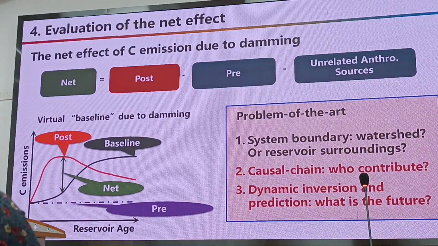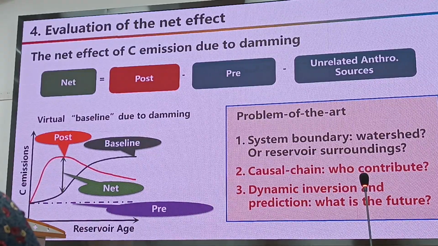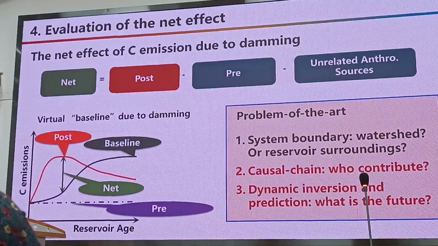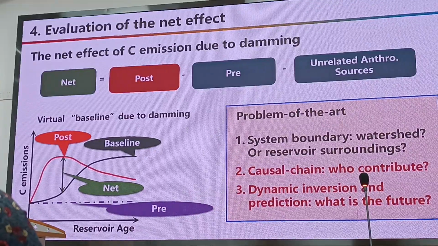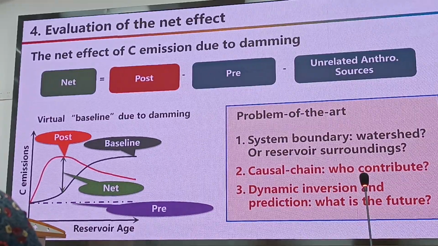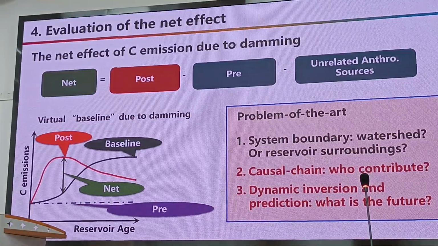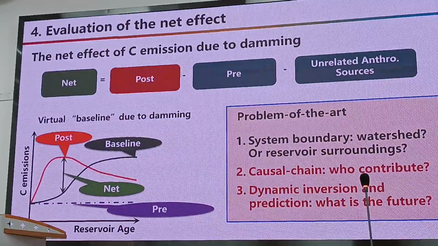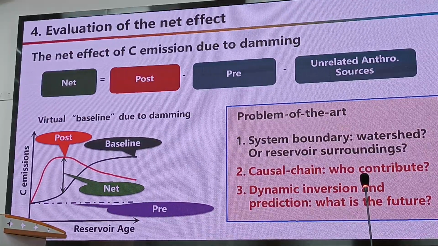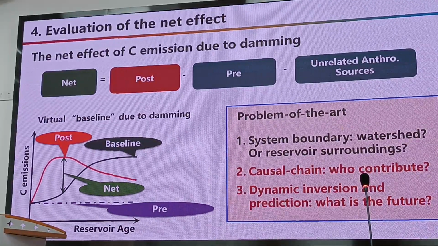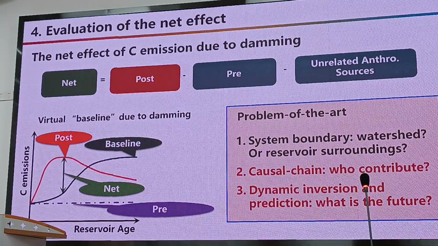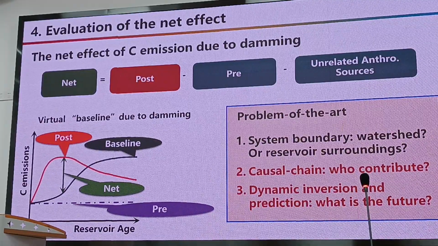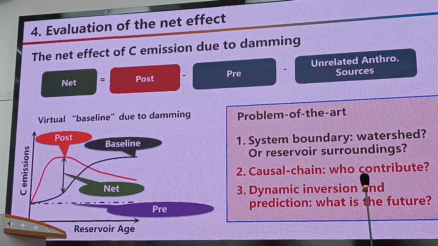The current limitations for this evaluation are like this. First, we have to define the system boundary. Are we thinking about the whole watershed or the reservoir surroundings? What you see is the reservoir surroundings, but what you don't see is the whole watershed. The China Three Gorges Reservoir controls 1 million square kilometers. It's a large and huge watershed. So how do we define the system boundary?